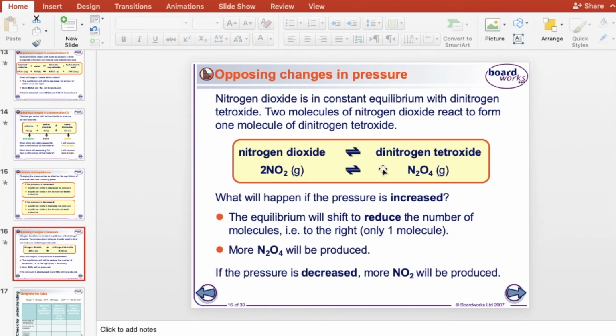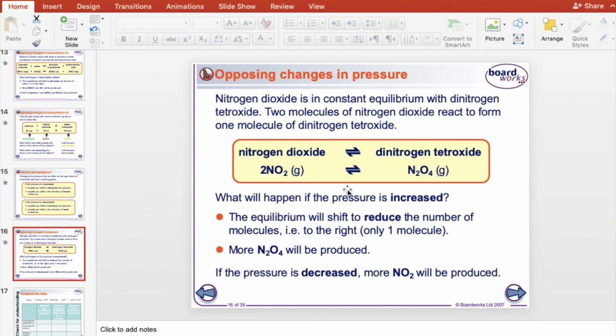Now, if you do the opposite, decrease the pressure, what do you think will happen? You can pause the video and think. It must be opposite to increasing the pressure.